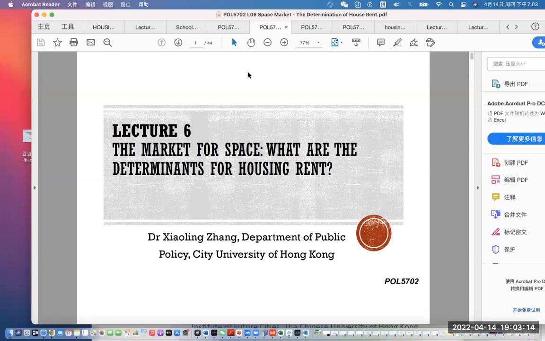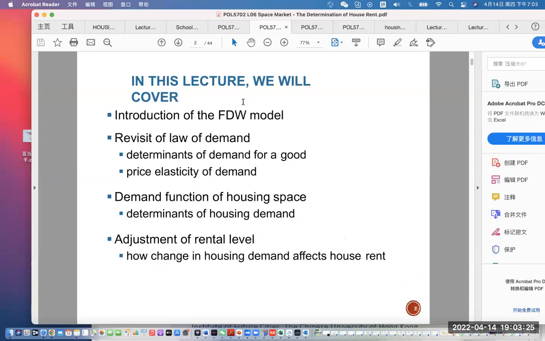Another issue, I think, if you could make it clearer, is what do you mean by the market, when defined by the FDW model, and how does it work, revisiting the law of demand, and how price reduces the demand for goods, and price elasticity of demand, and what is the demand function of housing space, and what is the adjustment of rental level?